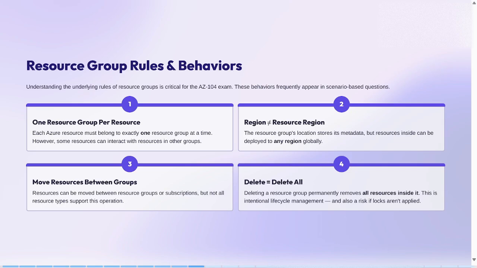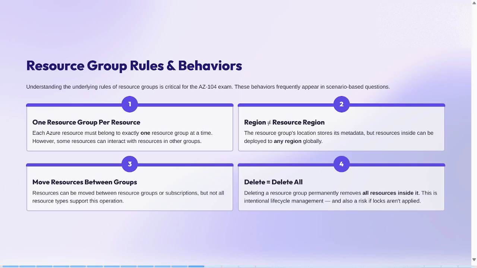Fourth thing is delete means delete everything. If you are deleting a resource group, that deletes all resources inside it. Imagine you have a virtual machine, network interface, public IP, storage account in a resource group. When you delete the resource group, all of these will be deleted. This feature is useful for managing temporary environments like test environments.